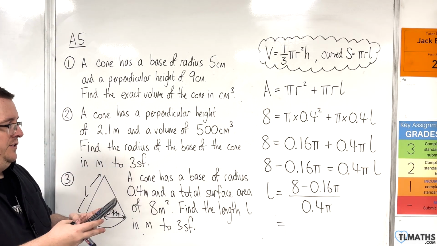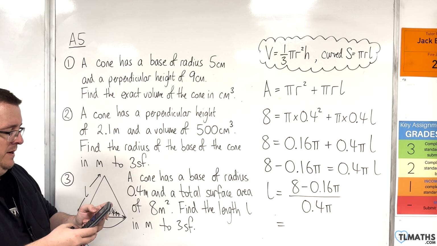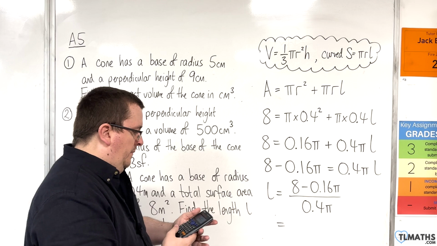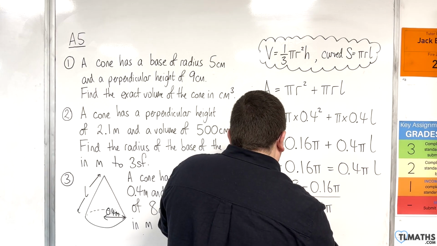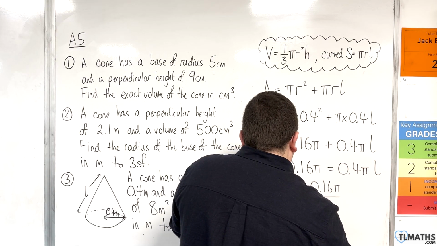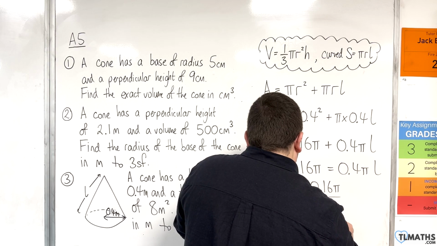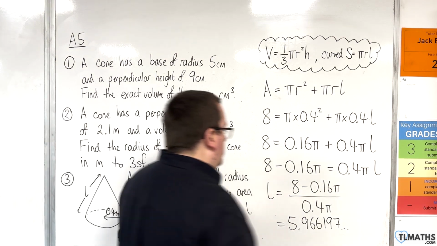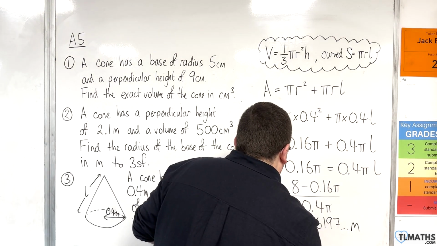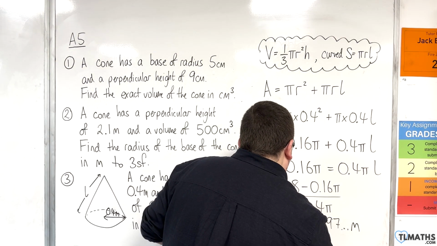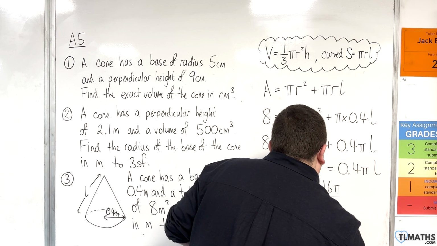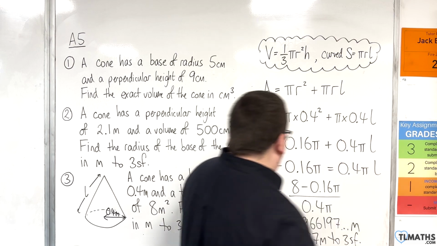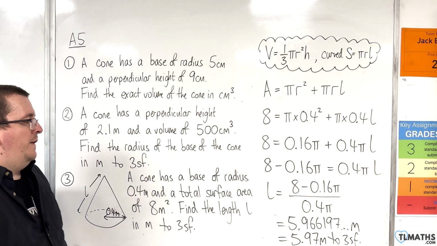So we have 8 take away 0.16 times pi, divided by 0.4 times pi. And we get 5.966197, etc. And this is in metres, but we want it to 3 significant figures, so that's going to be 5.97 metres to 3 significant figures. And that is the length of L that I needed.